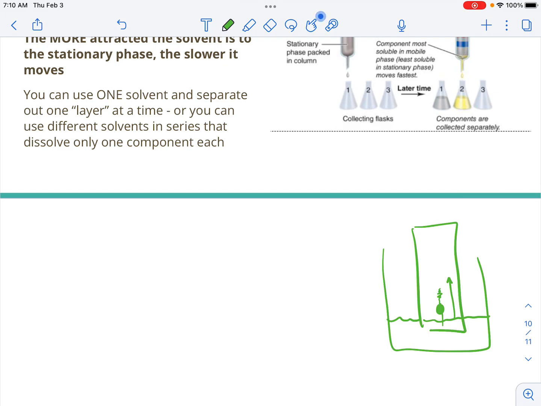What happens is that pigment that is more attracted to the stationary phase, or to the paper, will travel slower, and the ones that are more attracted to the mobile phase, or the solvent, will travel faster, and eventually the slower ones that are more attracted to the paper will fall out. So what you end up seeing is a series of places where these pigments have separated out, and we've done that on paper.